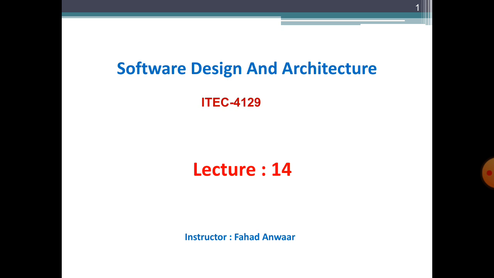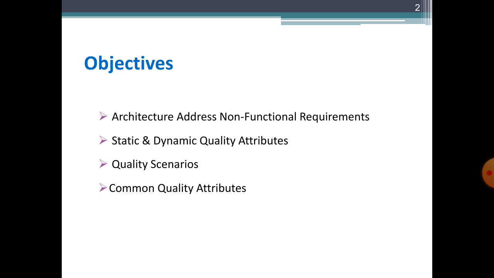Now let's start today's lecture. Here is a brief objective of today's lecture. We will see how architecture addresses the non-functional requirements, and then we see the static and dynamic quality attributes. The static ones resemble the implementation attributes from the previous lecture, which we call non-observable attributes, and the runtime attributes correspond to the dynamic quality attributes, which we call observable at runtime.